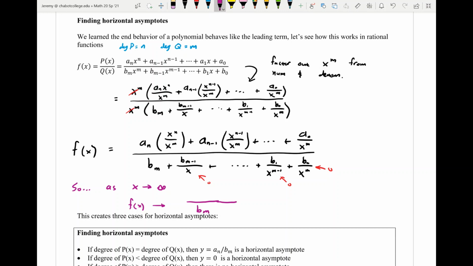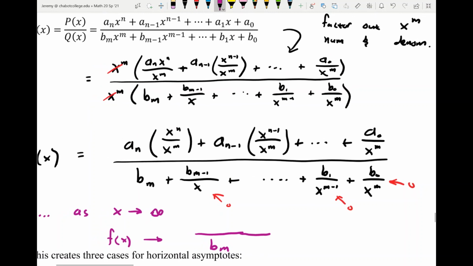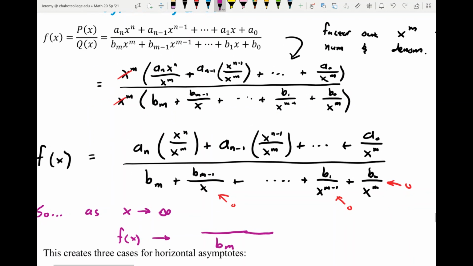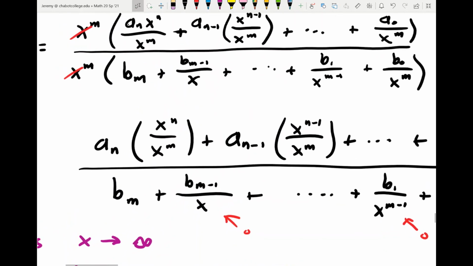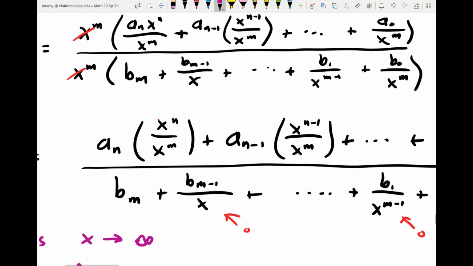Okay, so now the numerator is not so clear because it's going to depend on how the degrees of p and q match up to one another. Because of this little expression right here, x to the n divided by x to the m.